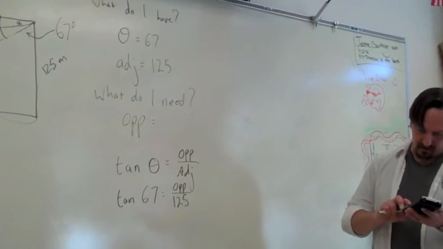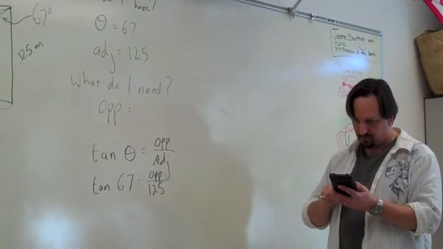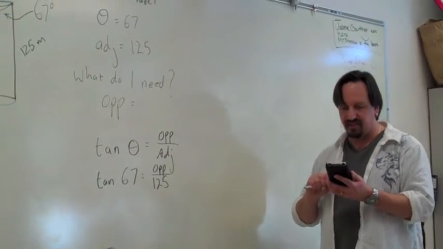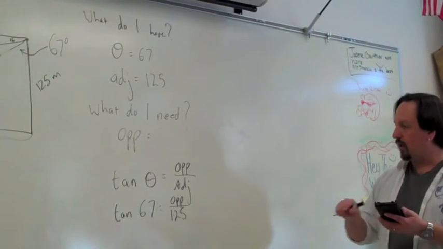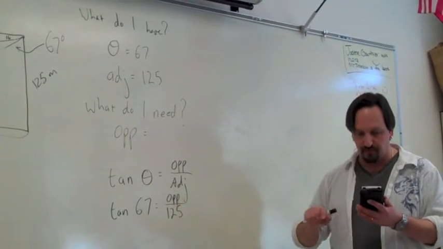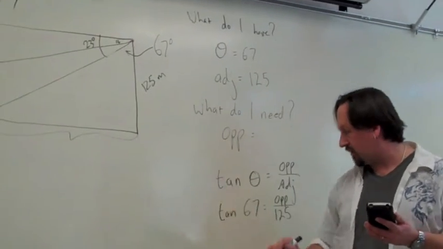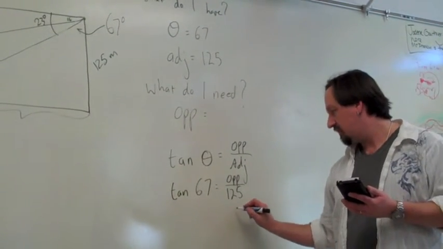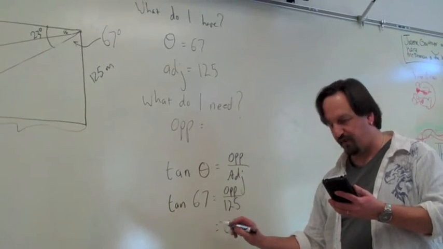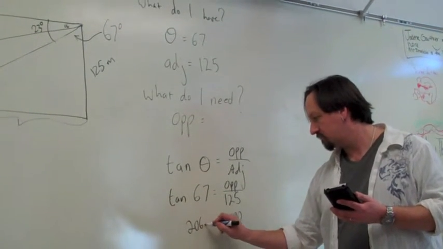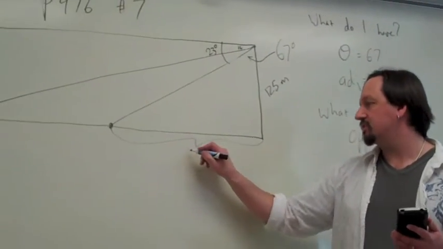On my handy-dandy calculator, I can see that the tangent of 67 is 1.6523. I'm not even going to write it down yet, and I'm going to multiply it by 125 to get opposite by itself. So this distance right here, according to my calculations, opposite equals 206.5. And that's this distance right here.